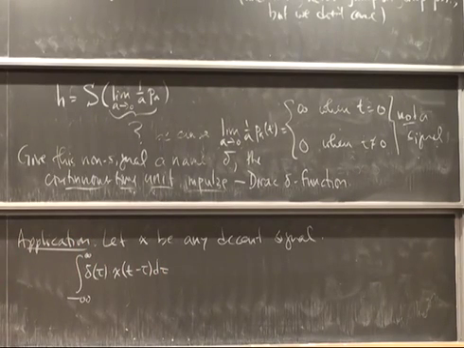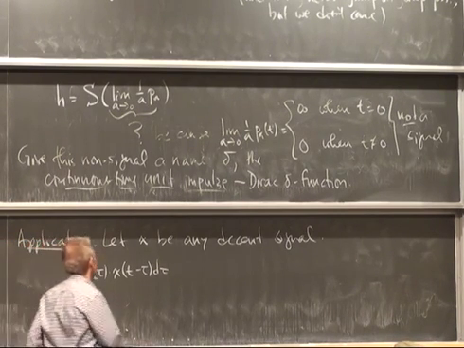In this case, the x of t minus tau plays the role of the anything over here. Now, what does that look like? It looks like a convolution of two signals, but the delta is not really a signal. So what happens when we plug in the rigorous definition?